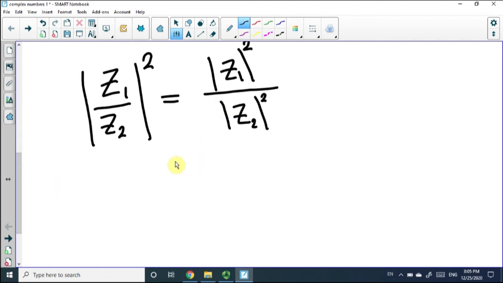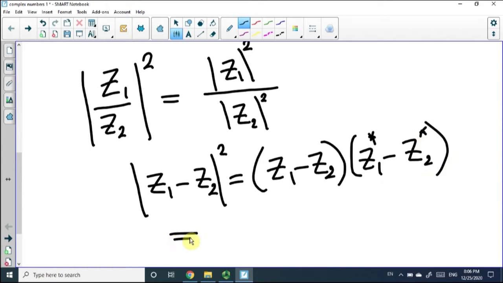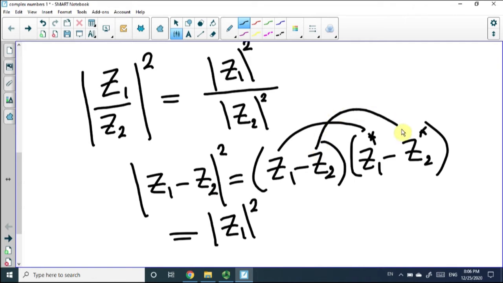Another thing, we notice that the numerator is a difference between two complex numbers. For z1 minus z2, the modulus square means z1 minus z2 multiplied by z1 complex conjugate minus z2 complex conjugate. By multiplying the two brackets, we easily get z1 absolute value square, plus z2 absolute value square from multiplying z2 by z2 conjugate.